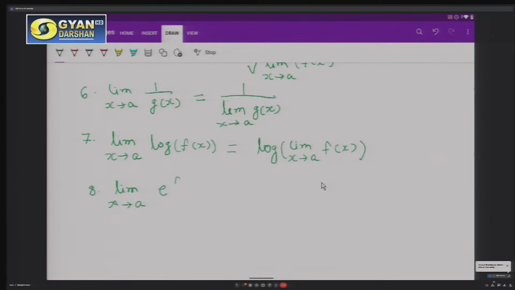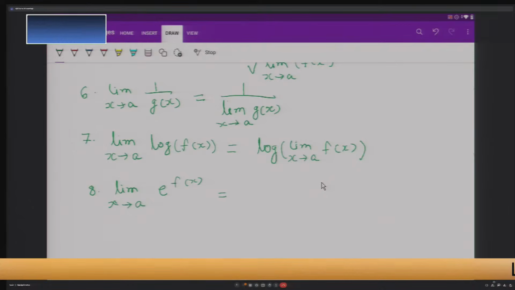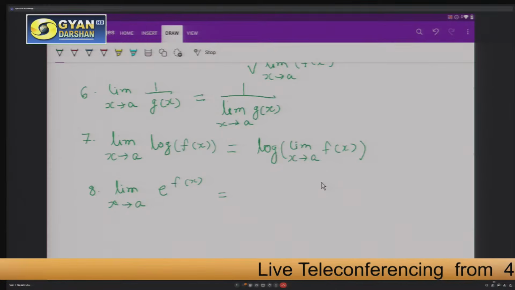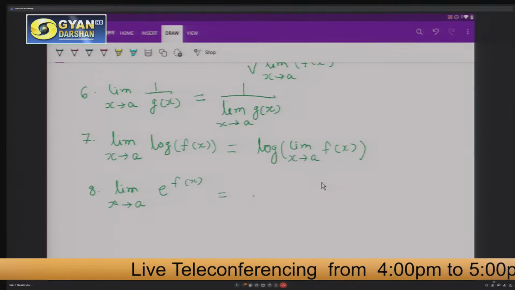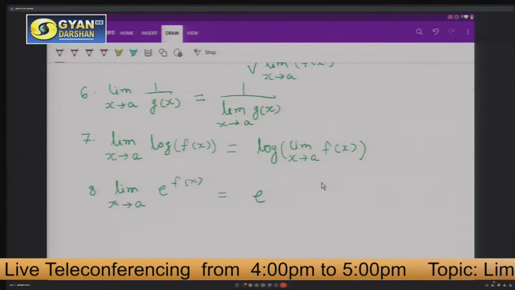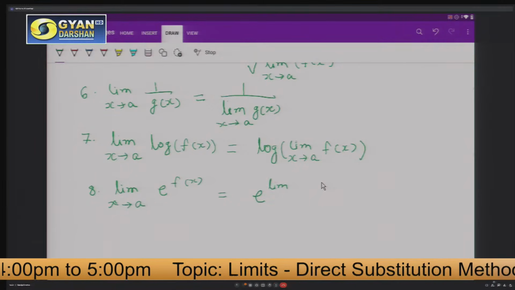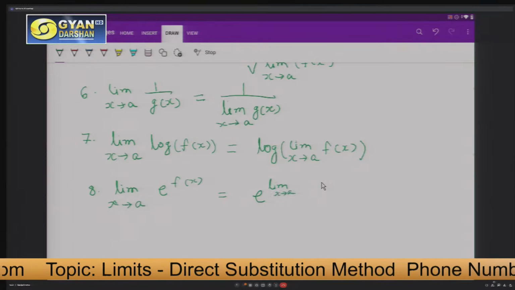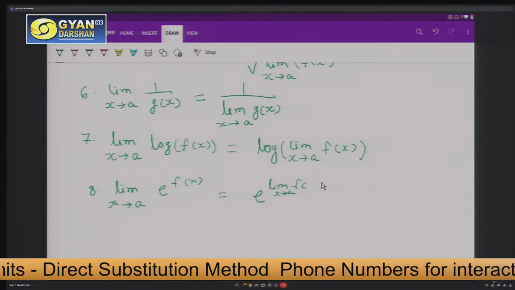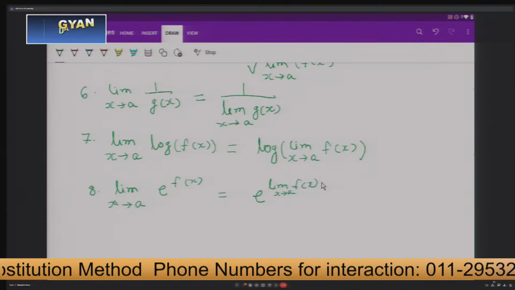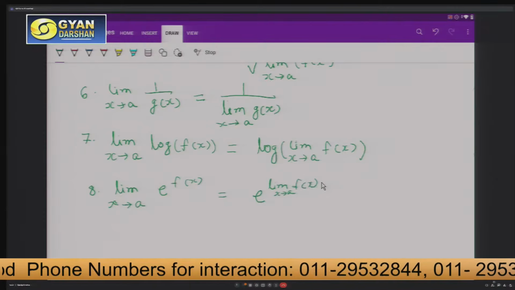Suppose e to the power f(x), this will be equal to first you take the limit of the function f(x), and then you take its exponent.